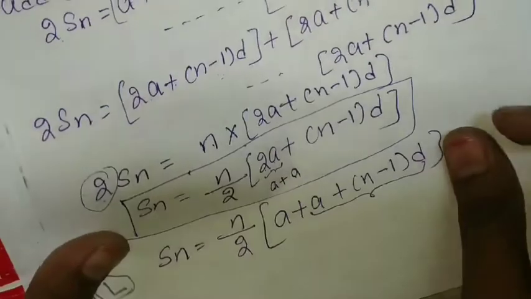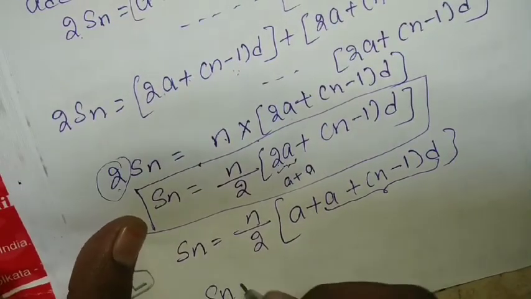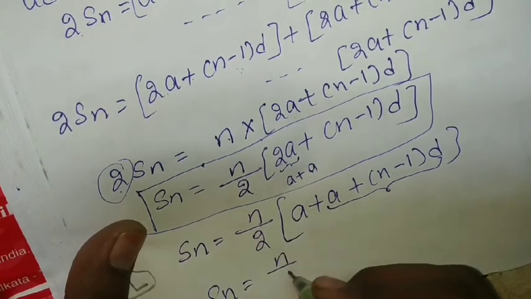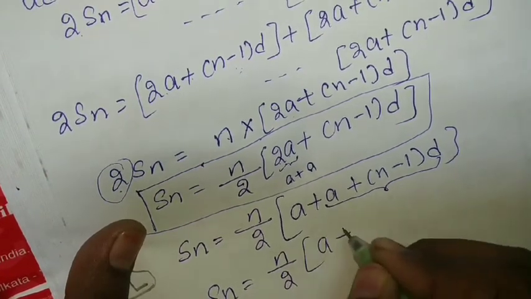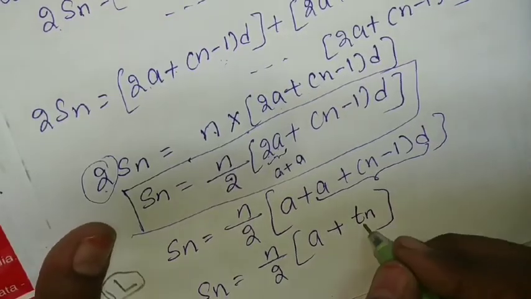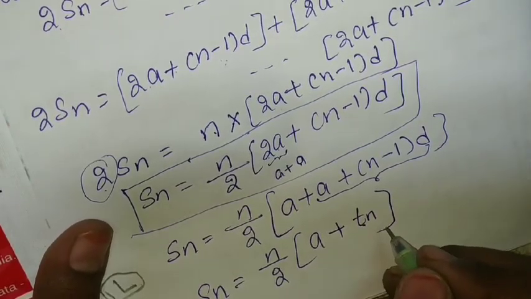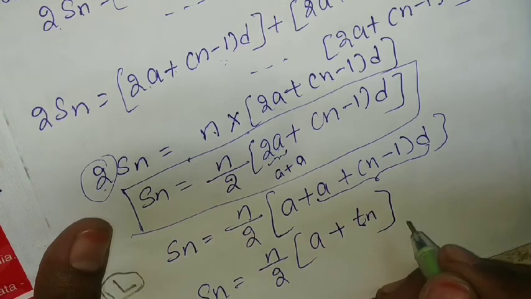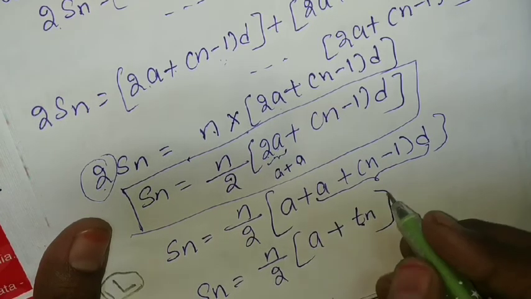You can write here Sn is equal to n divided by 2 into a plus tn. Or you can write an; an and tn both are the same.